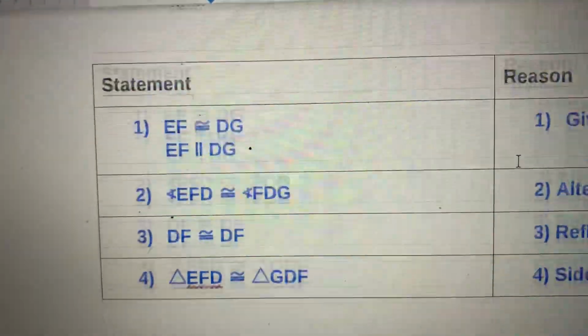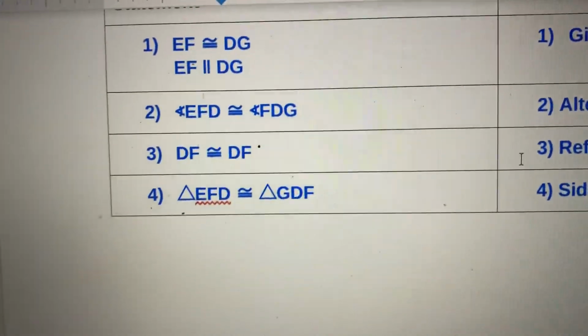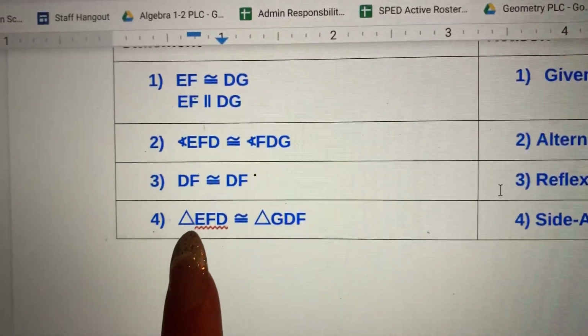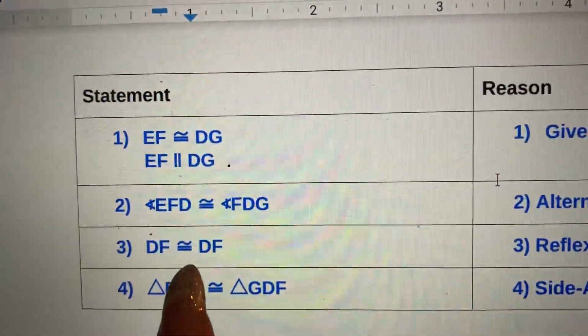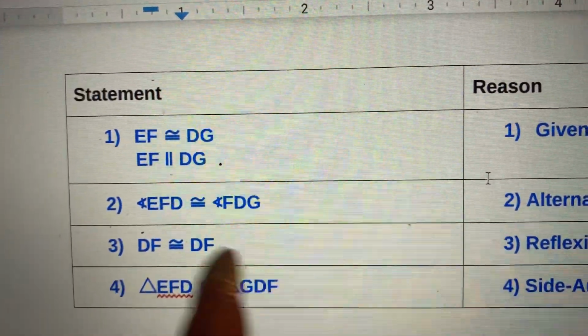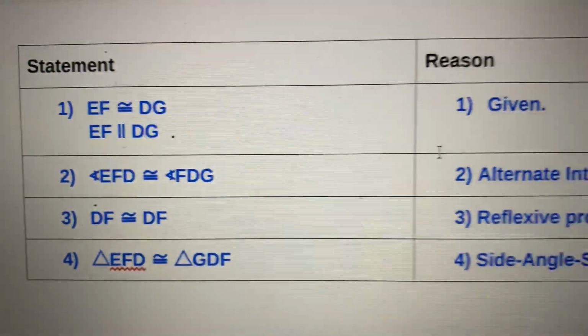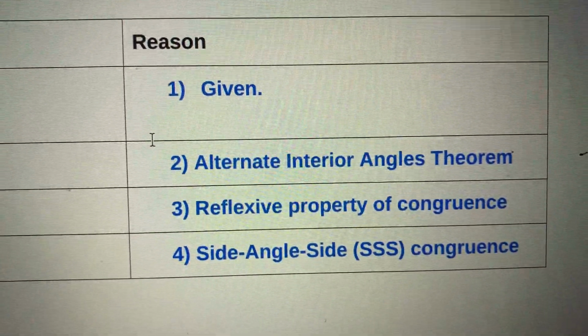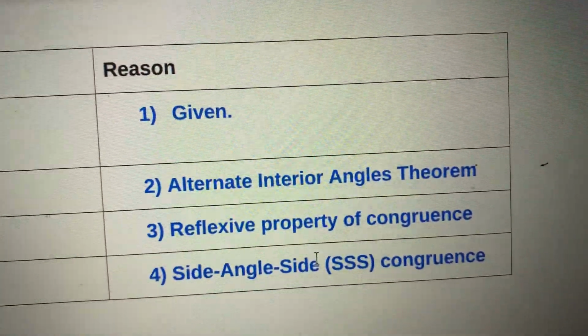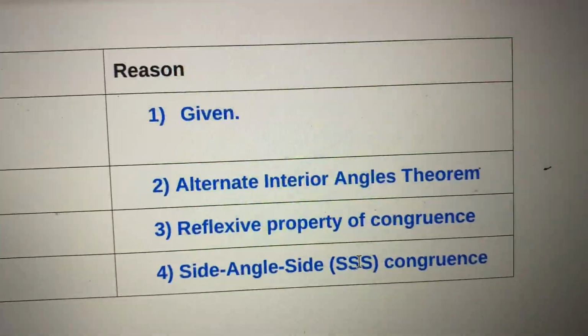So that has to always be your last statement, okay? So under the statement column, that's going to be your last statement, okay? And then the reason that we know that is because of the side, angle, side, oops, which I just realized that I had a typo. That should be an A.